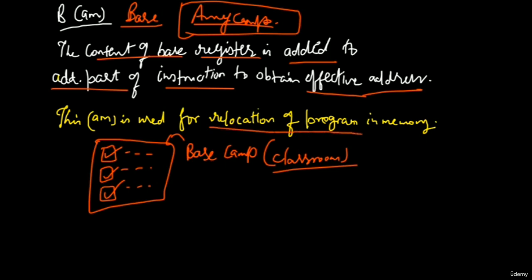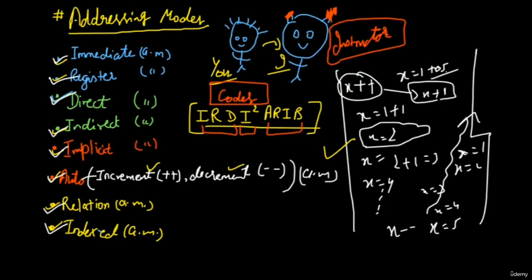We can also relocate it in the memory. Like in practical life, when you pass some class, you reach the next level. Like you are on this section, it means you have gone through all the previous sections and then only you reached this one. So with all that said, this is it for addressing modes.